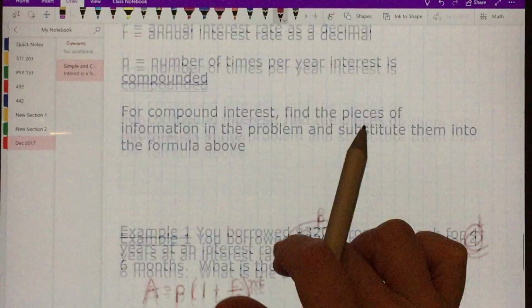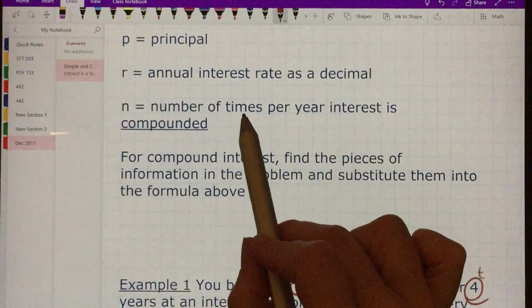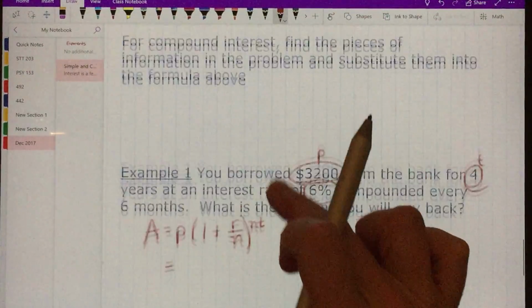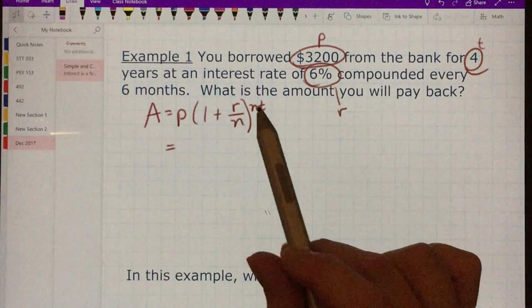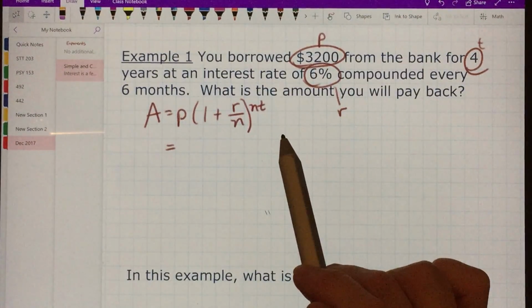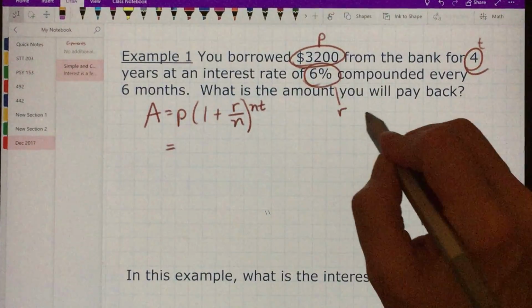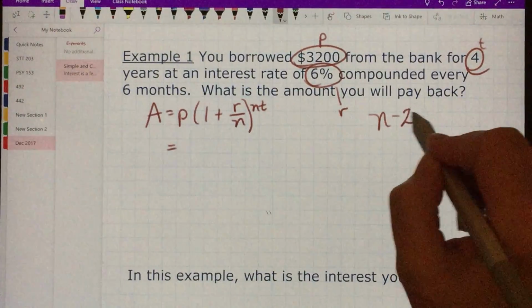So N is the number of times per year interest is compounded. So if we're compounding interest every 6 months, that's twice a year. So N equals 2.